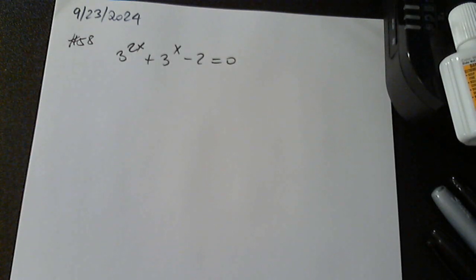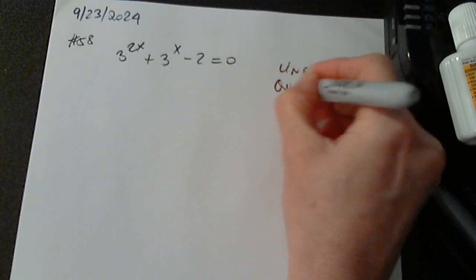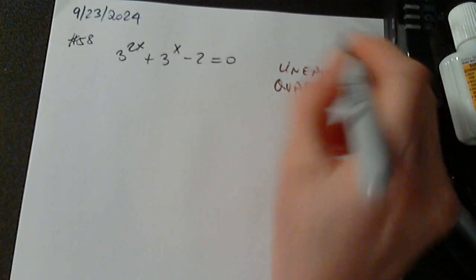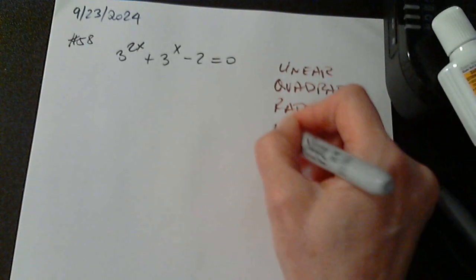Before we work on this problem, first of all, we have to identify what it is. We know it's an equation, but what type of equation? So far, we've seen linear. We've seen quadratic. We've seen rational. We've seen radical.